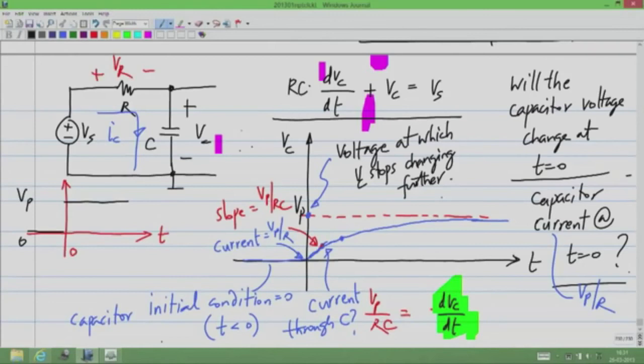The current through the capacitor will be non-zero, it will be Vp by R.